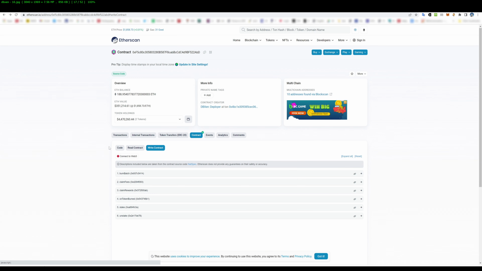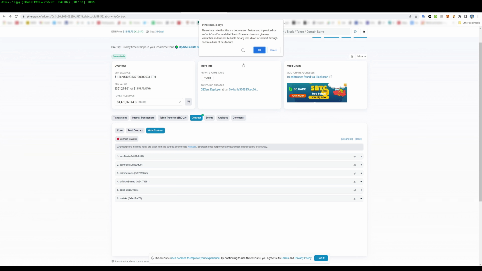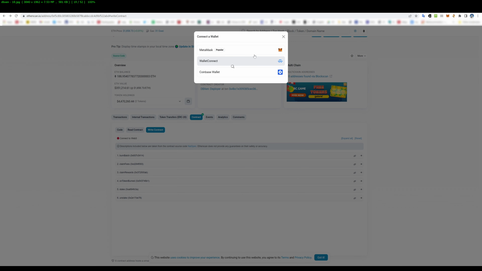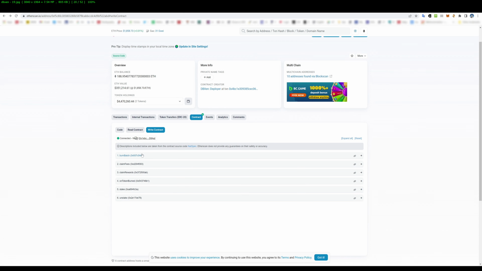You will be presented with this page, and you click on connect to Web3, and you will be prompted with the connection pop-up. Here you pick your MetaMask wallet, and here we are connected.